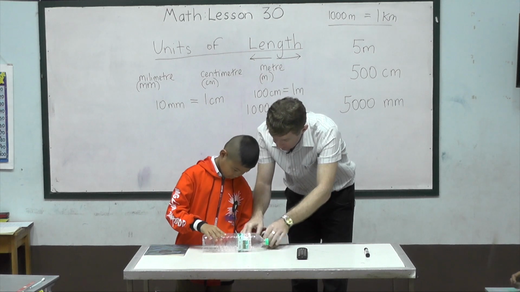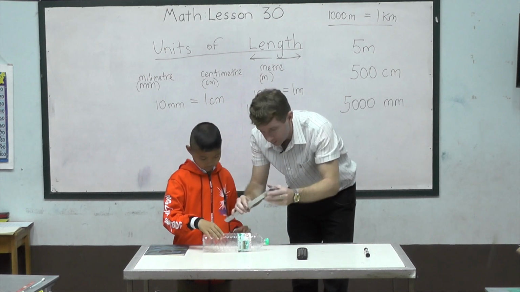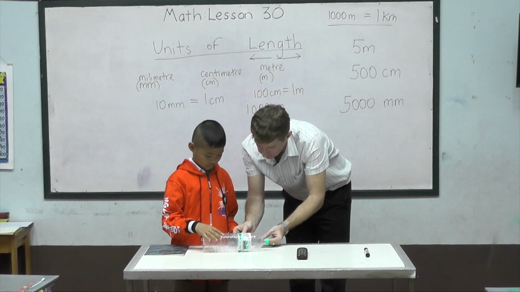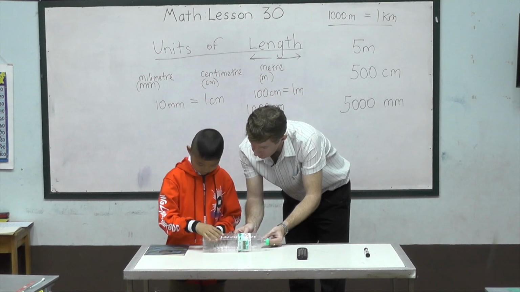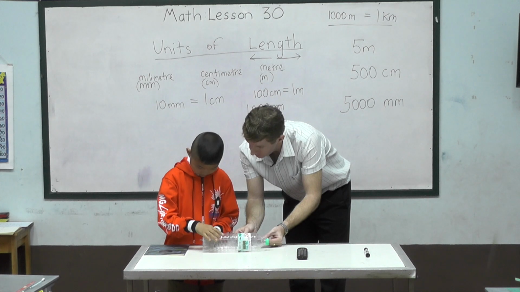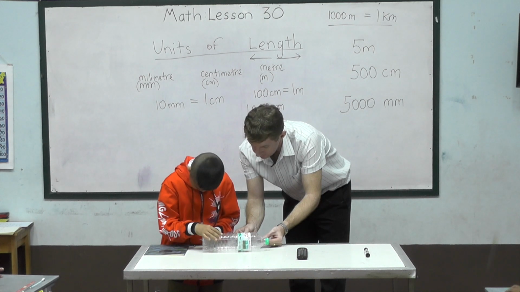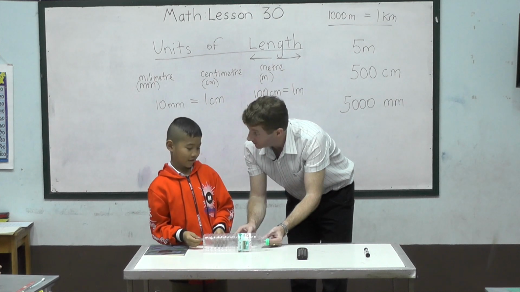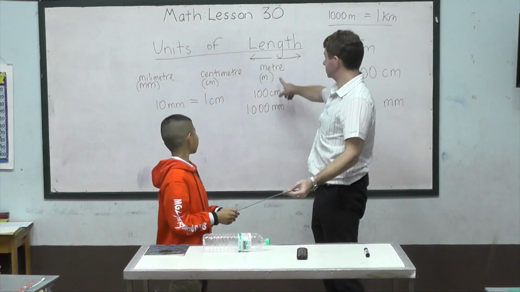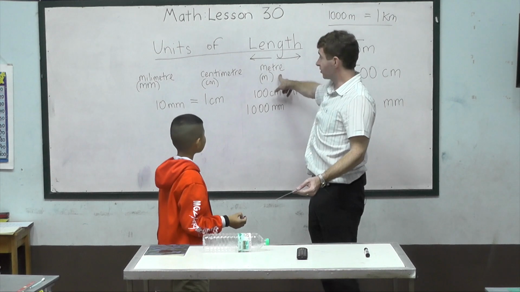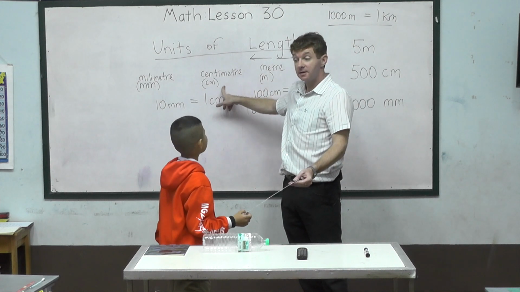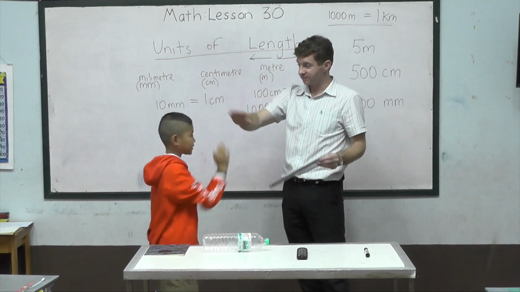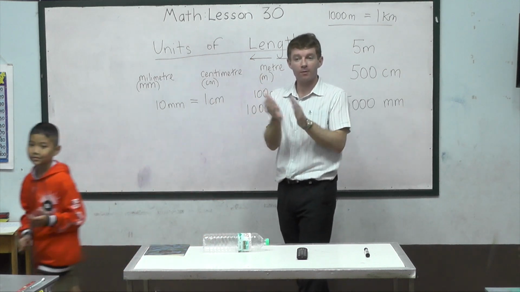So you always need to start at 0. 30. And is it 30 meters? No. 30 centimeters. Excellent. High five. Don't forget your ruler.